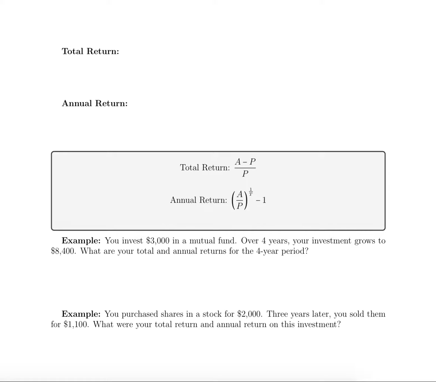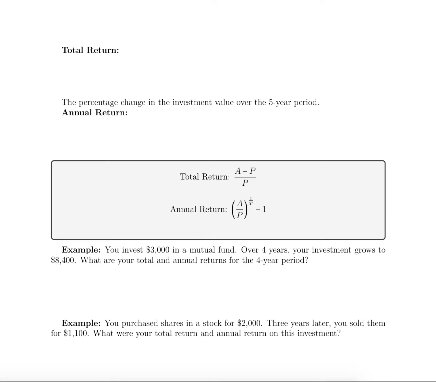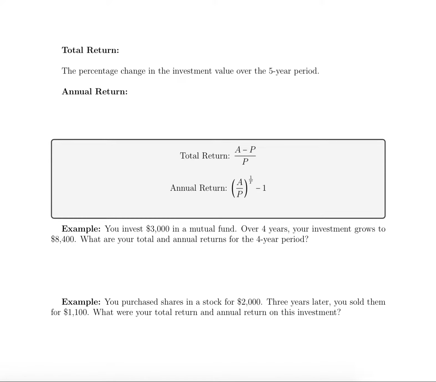So the definition of the total return is going to be the percentage change in the investment value over a 5-year period. And then for the annual return, the definition will be the average annual rate at which your money grew over years of investment.